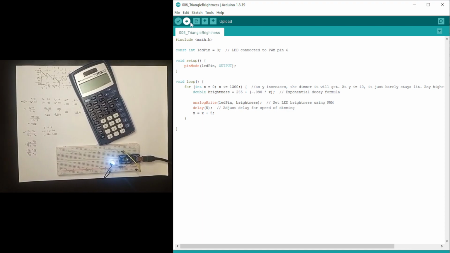Okay, see, this is the problem with multiplying everything by 0.8. It's way too bright to start with, and to get from 255 to 138, it's not a lot of dimming factor. It does dim, but not by a lot.